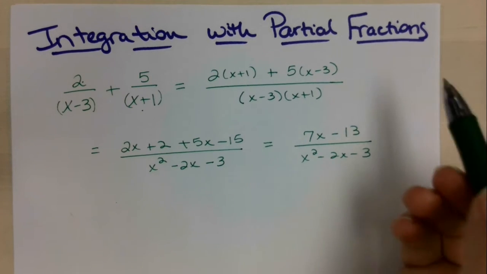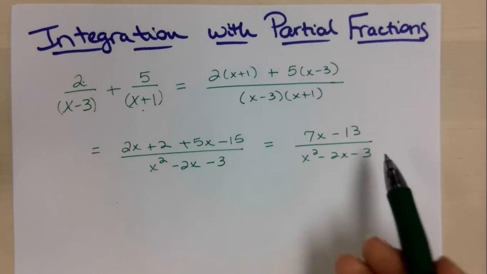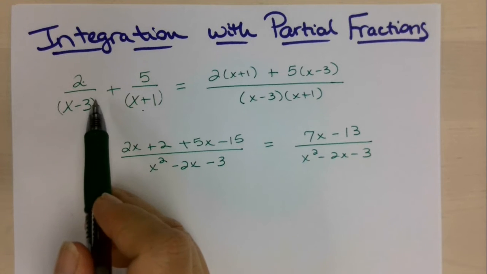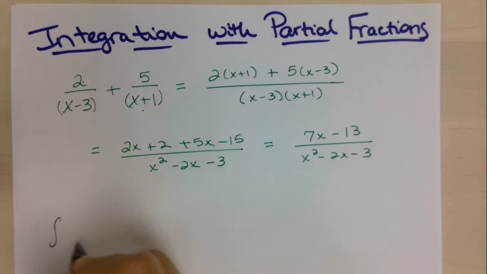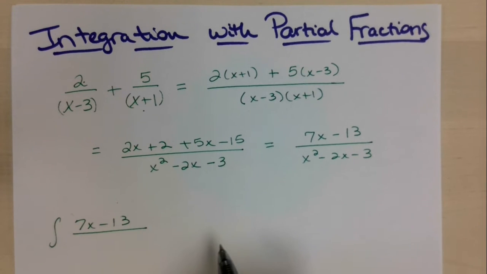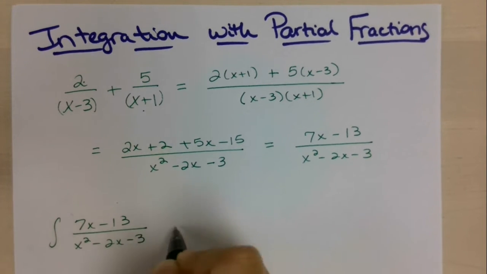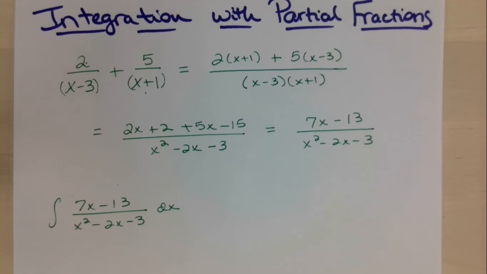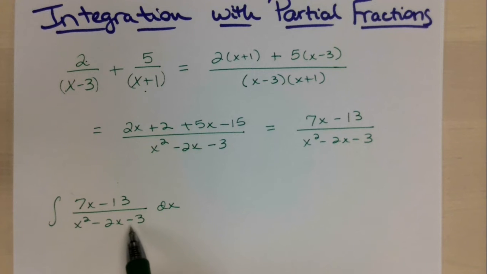What we want to do when we're integrating using partial fractions is reverse this process. So, for example, if I start out and I want to integrate 7x minus 13 over x squared minus 2x minus 3, in this form, u-sub is not a possibility because if I take the derivative of my denominator, it's not there in the numerator.